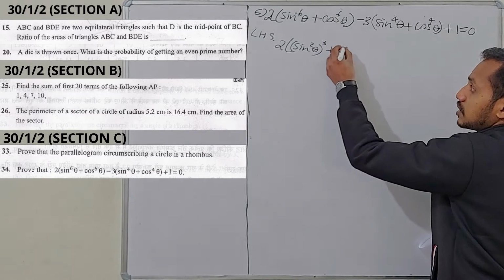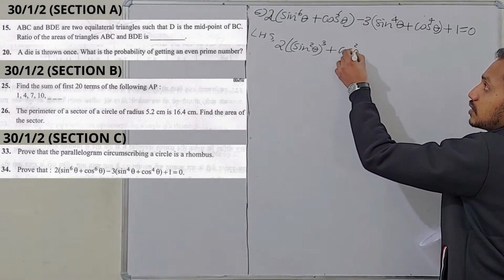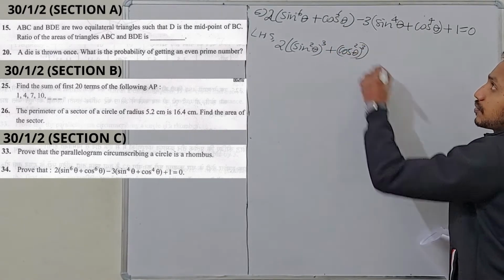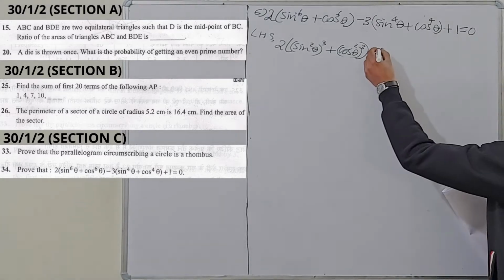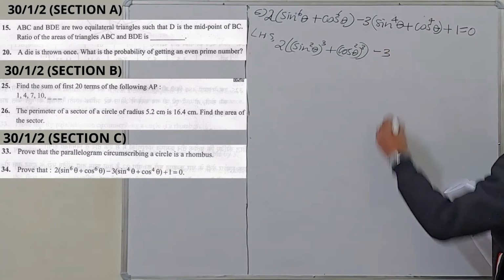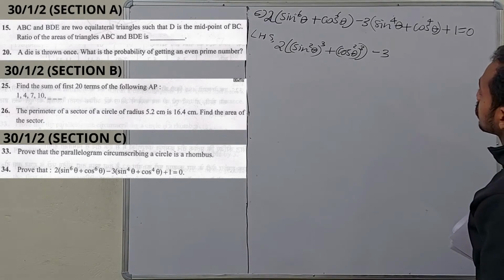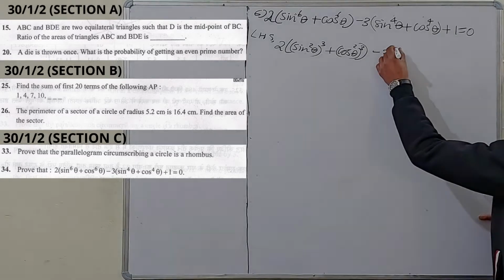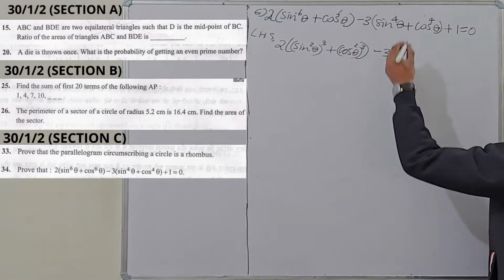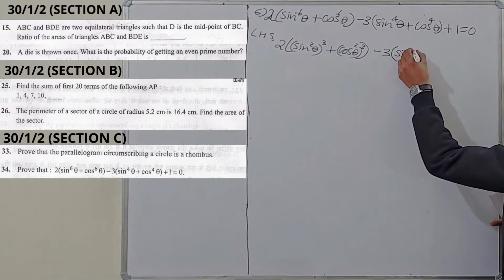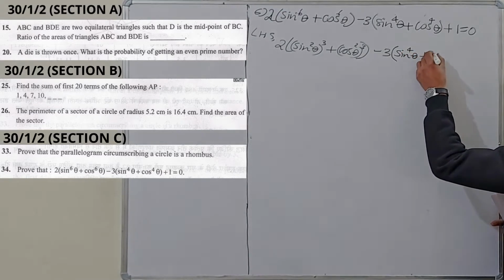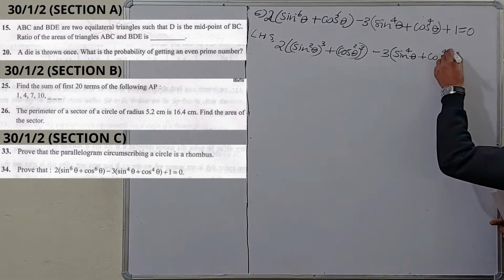Plus cos raised to 6 theta, we can write it as cos square theta whole cube. Minus, keep it as 3 into sin square theta plus cos square theta whole square also we can write. The key part is, after simplifying this, let's think about this term, sin raised to 4 theta plus cos raised to 4 theta.